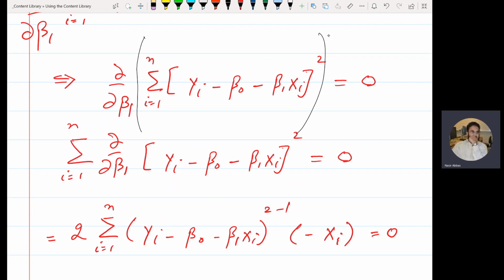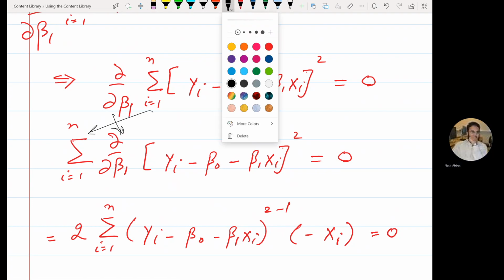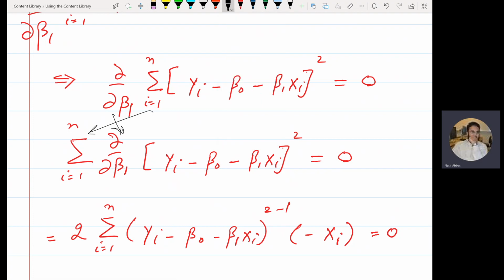Now, there was no power at the summation. First, I interchanged summation and derivative, which I can do here. This came here, this came there. Clear? It's okay to do.